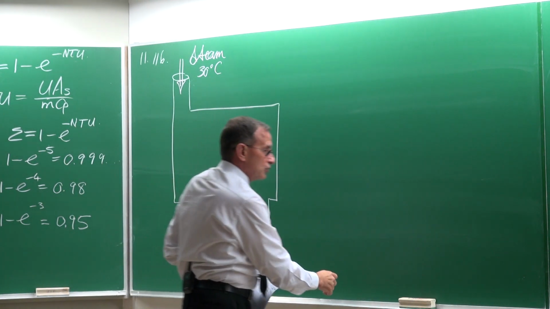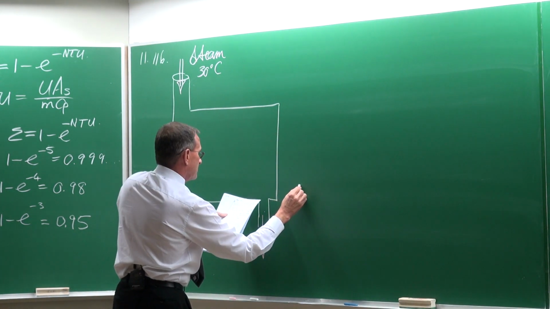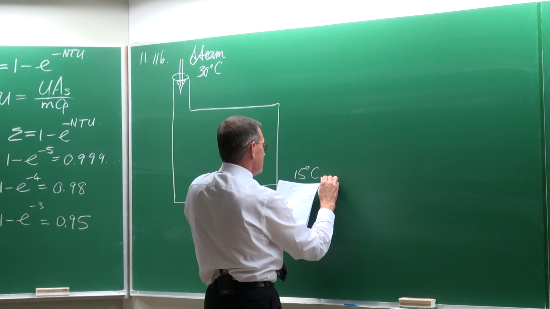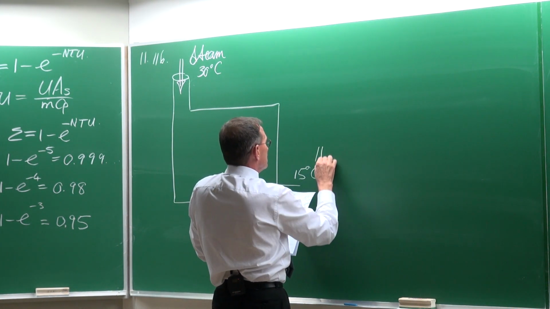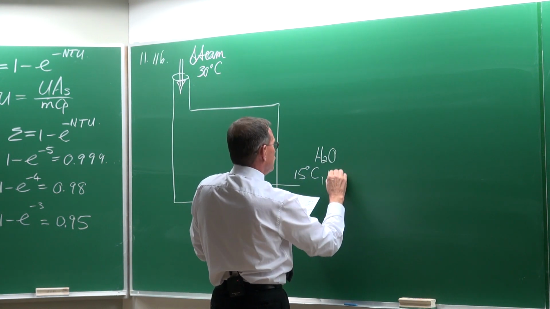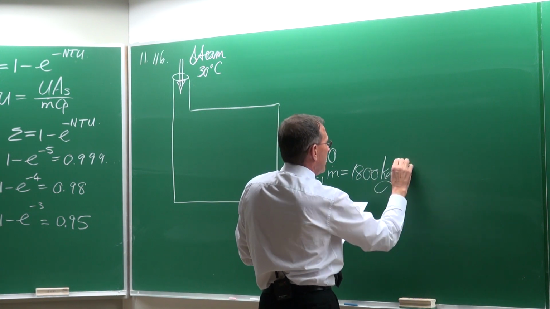And here we're going to have the water, and the water is going to enter at 15 degrees Celsius. It's water, and its mass flow rate is 1,800 kilograms per hour.